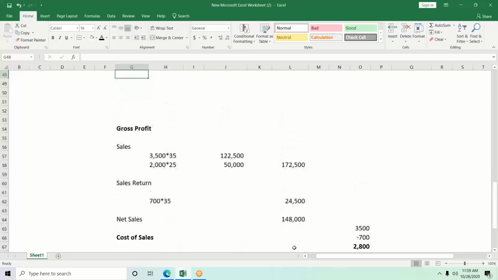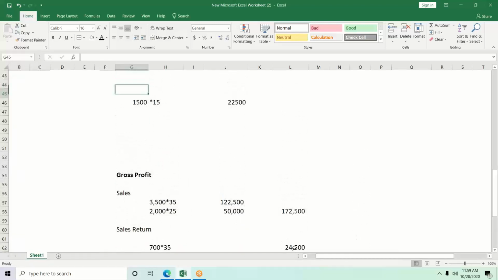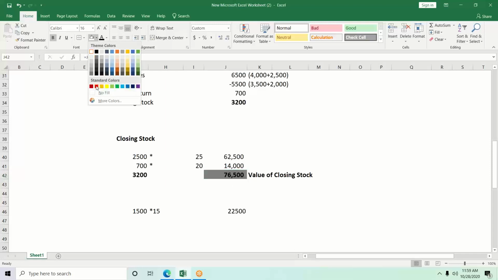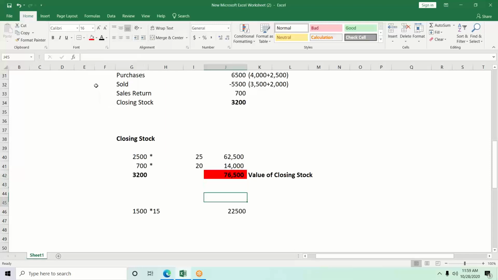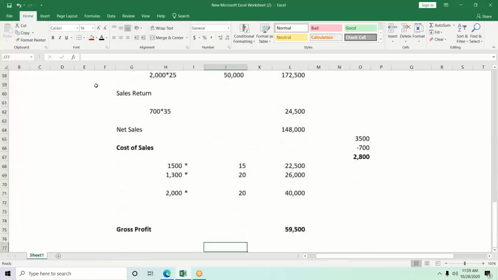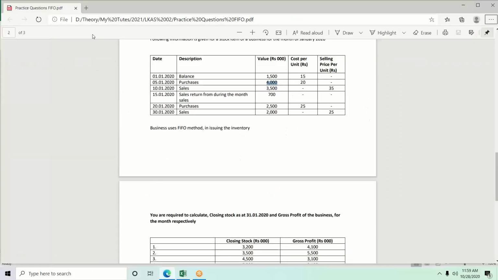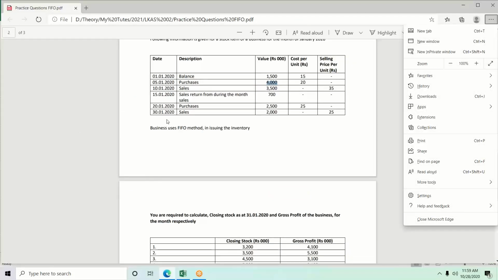Your closing stock has to be 76,500, and your gross profit has to be 59,500.